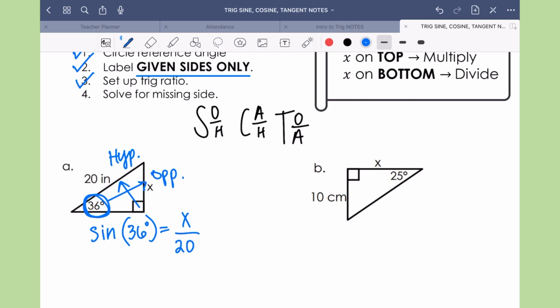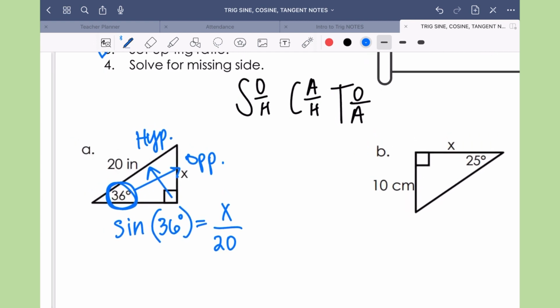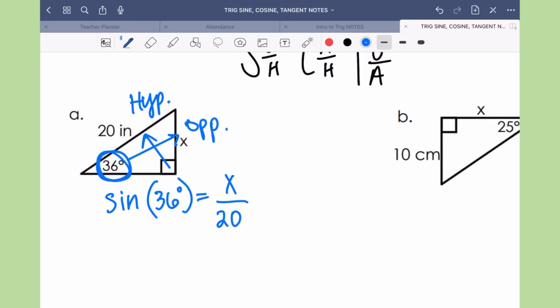And this is where our solving skills come in. So remember, solving for x, you need to isolate it, get it by itself. And right now it's being divided by what? 20. So how do you undo division? Multiplication. So multiply both sides, keep it balanced, which allows me to cancel those.